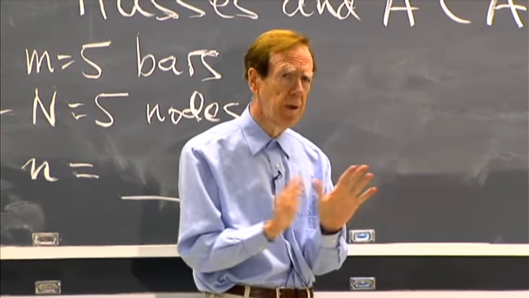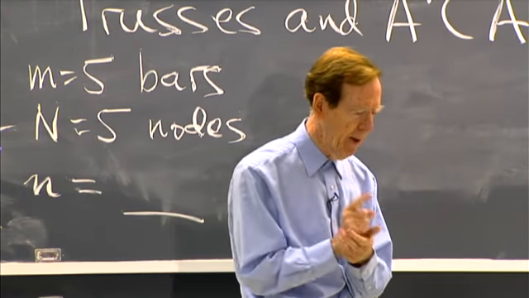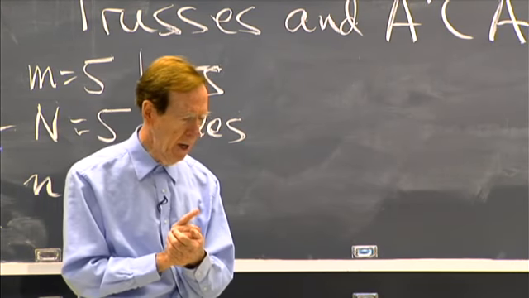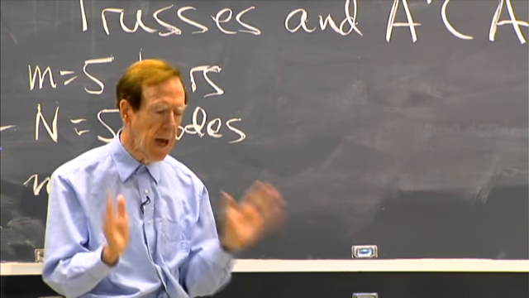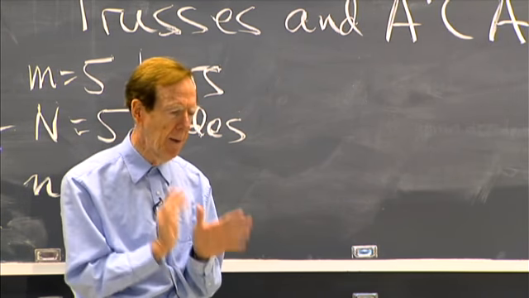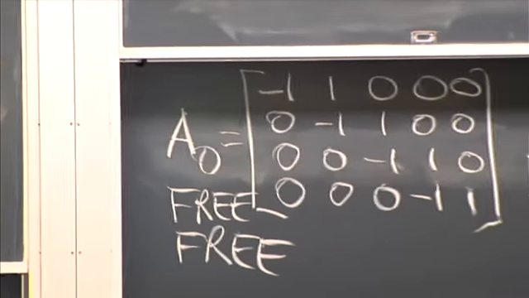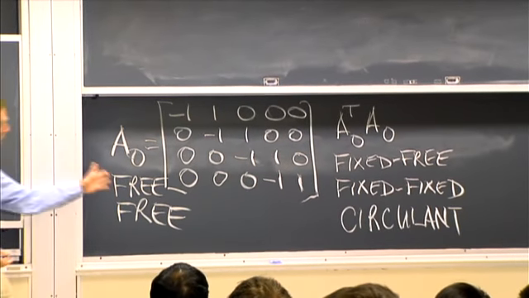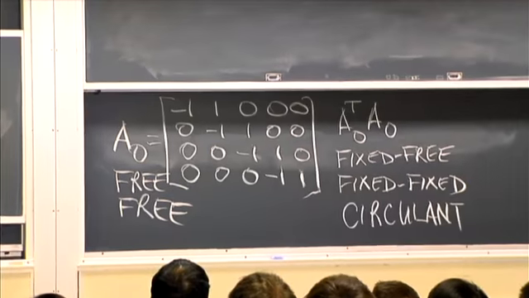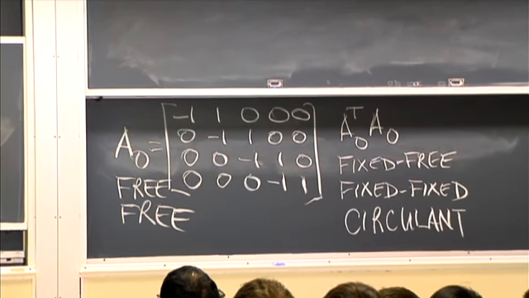I felt it was a fair exam, except I should have done a better job helping you with the matrix A, especially in problem 1. I'm glad that hint was there, the matrix A naught that goes with free, to say what kind of matrix to be looking for.